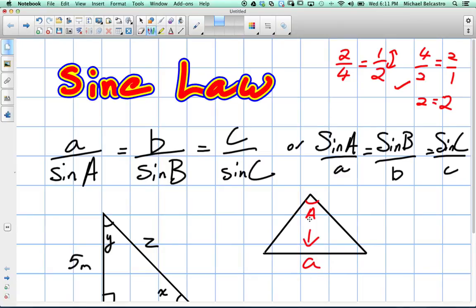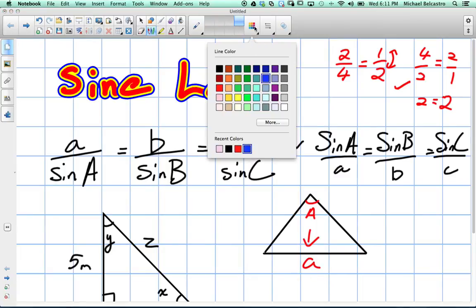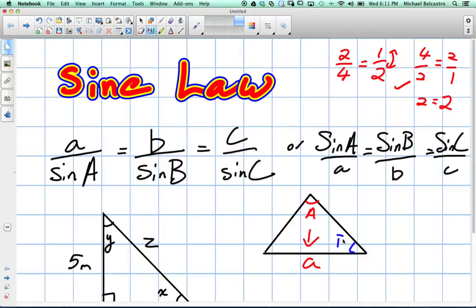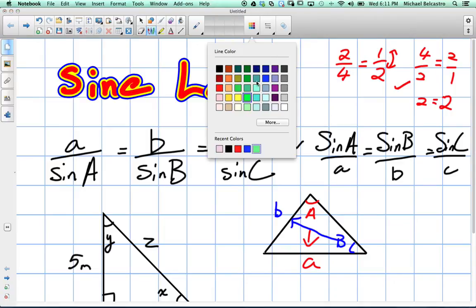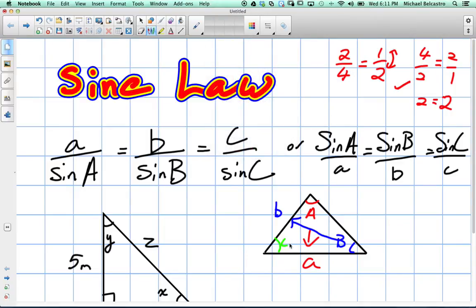So that's side A. If this is angle B, that means the opposite side is side B. And if this is angle C, the opposite side is side C. We have to keep that in mind whenever we're talking about sine law. So if they're referring to side C, then angle C would be opposite of it.